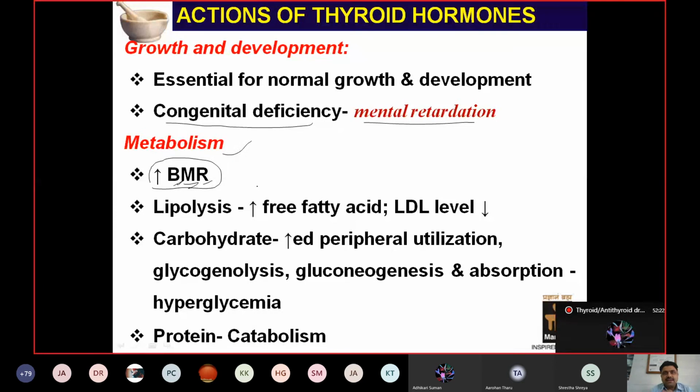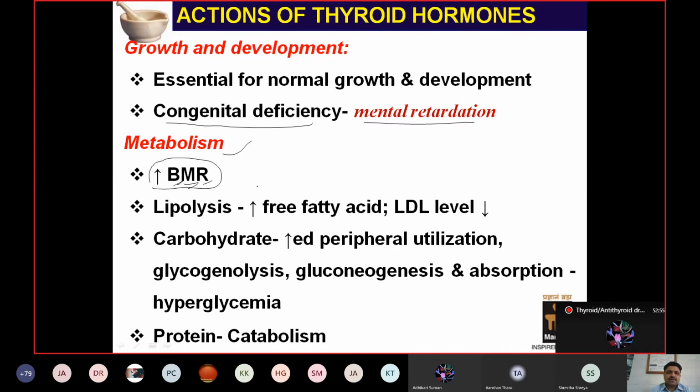The clinical feature is that in hypothyroidism you will find the person with a low BMR, while in hyperthyroidism it will be more. When the basic metabolic rate decreases, even the temperature in the body will decrease. That is why they feel cold.